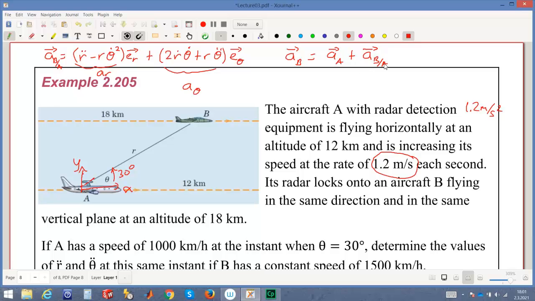And what we are trying to find out is acceleration of B with respect to A, and after that point on, we're going to do our calculations to find r double dot and theta double dot.